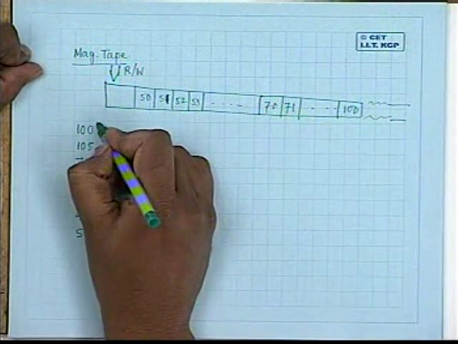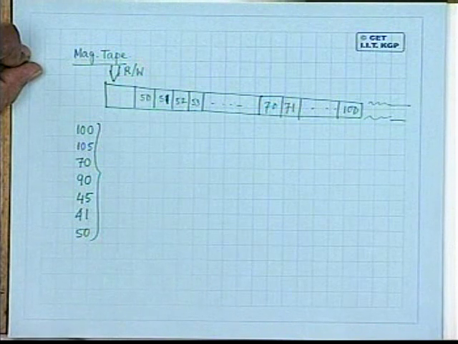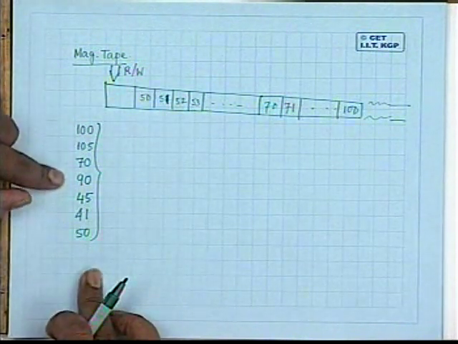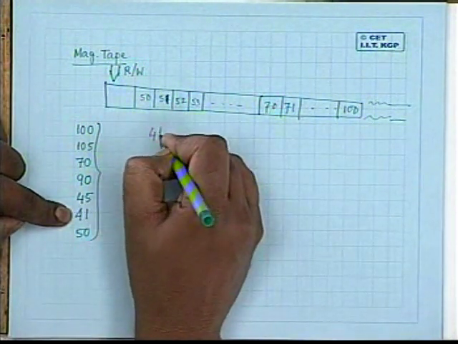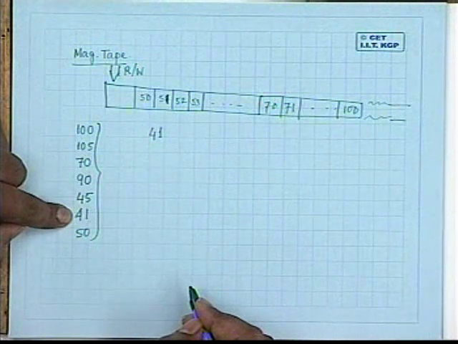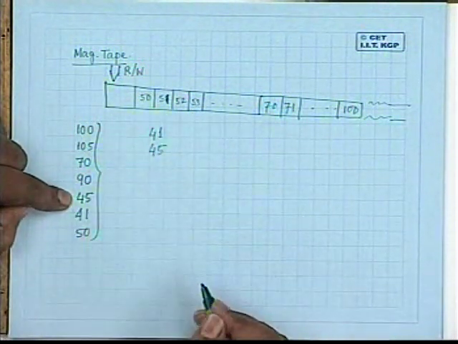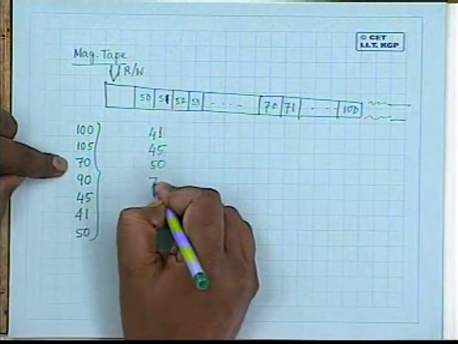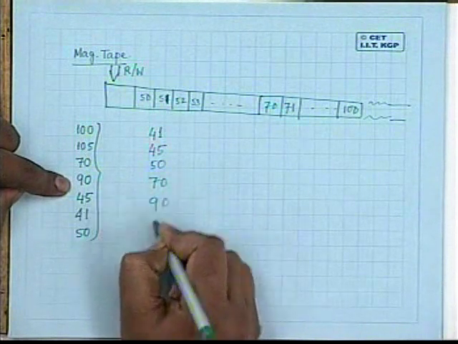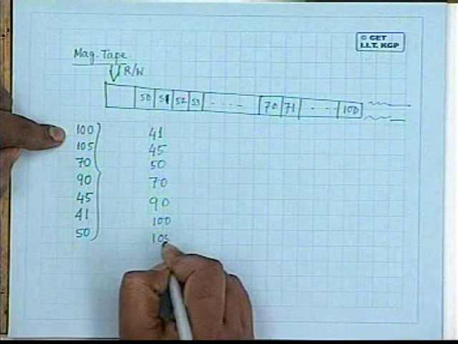Whereas, if I reschedule all these requests in ascending order of record number, I'll do it like this. First, I'll serve the request for access of record number 41. Then record number 45, then 50, then 70, then 90, then 100, followed by 105.